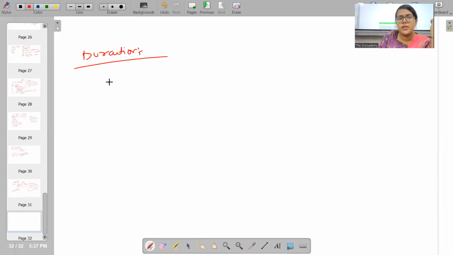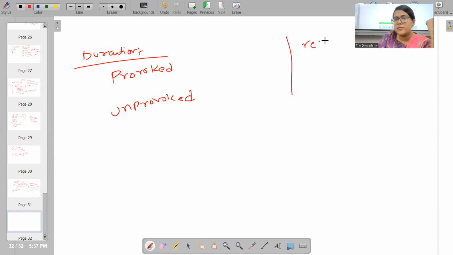Number 2 is duration of anticoagulation. First of all, you should consider whether this is a provoked event or unprovoked, whether there are recurrent episodes or a single episode, and whether this is arterial versus venous.